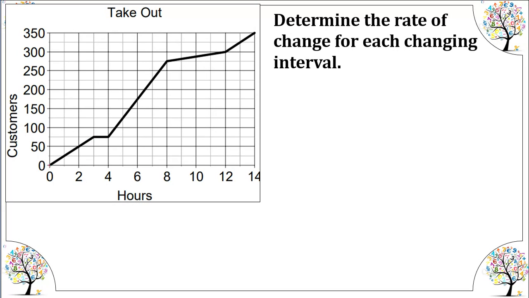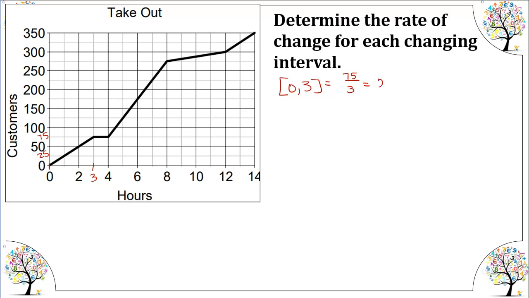So we're going to first look at 0 to hour 3. So I'm going to say from 0 to 3, the rate of change, and we are going up by 25s. From 0 to 75, and that was over 3 hours.